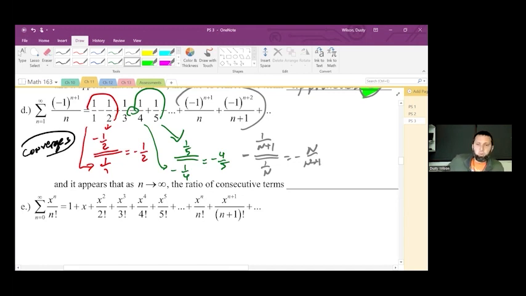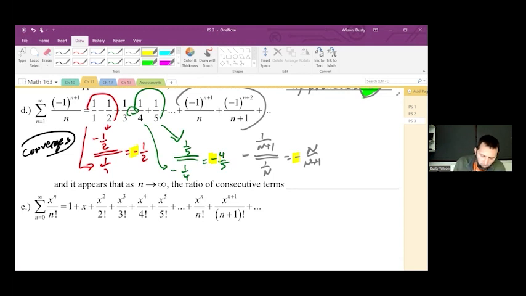Okay, so before we go on, let's talk about these negatives that are here in our ratios. We actually really don't care about those negatives. What we care about is whether this number is bigger than 1, equal, or is approaching 1, is approaching something bigger than 1, or is approaching something less than 1.